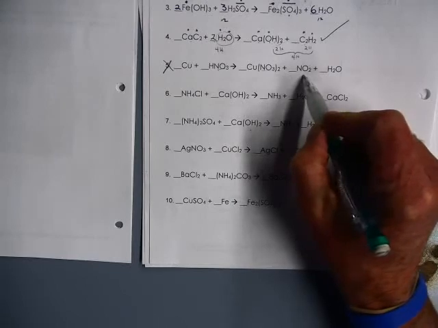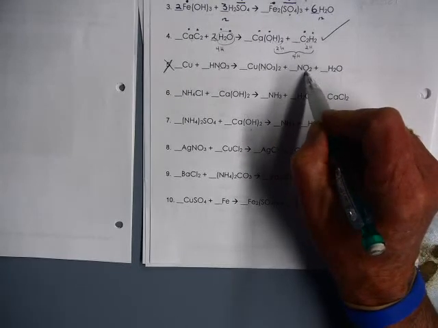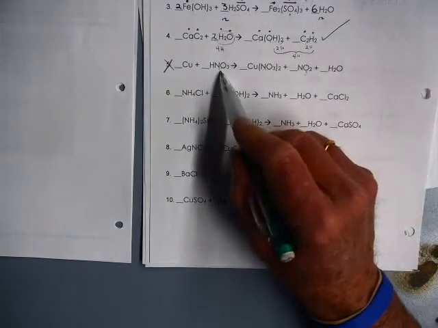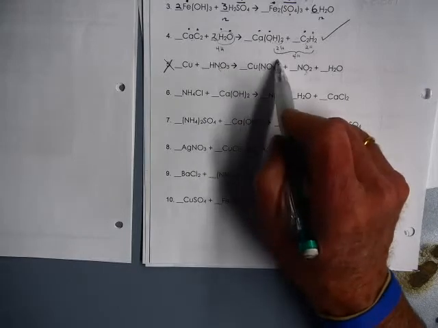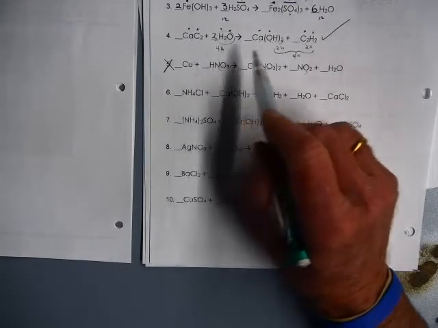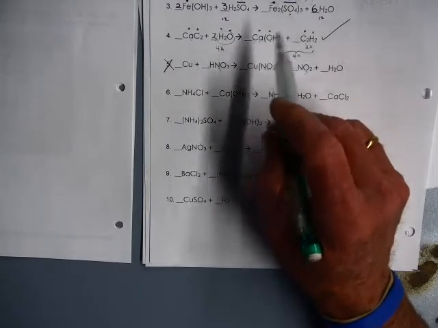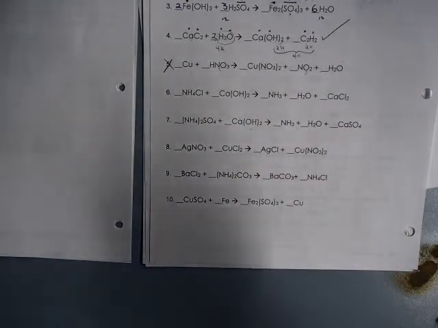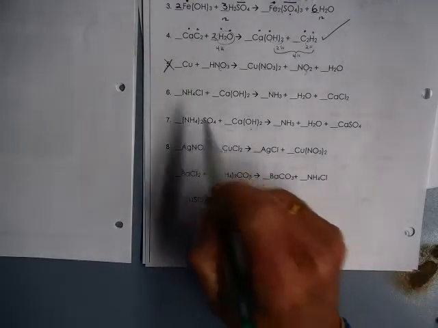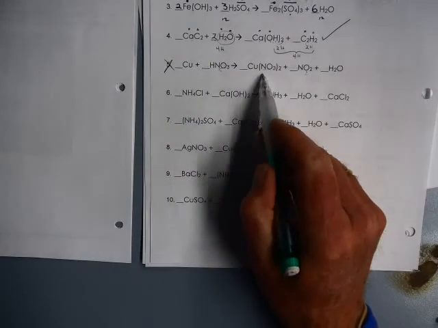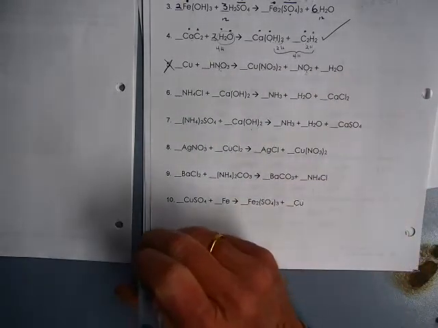In other words, in order to get this NO2, 1 or more of these nitrates have to split apart. You can only balance polyatomic ions if they exist on both sides as they are. Not if they split apart. If they break down, you can't do that. Then you would have to go after the nitrogens in each case.